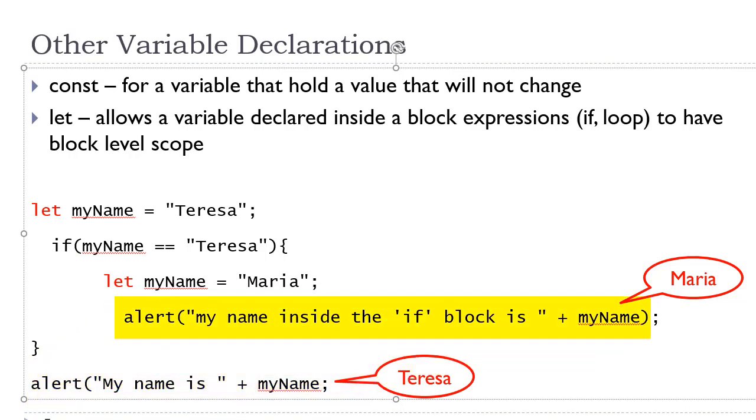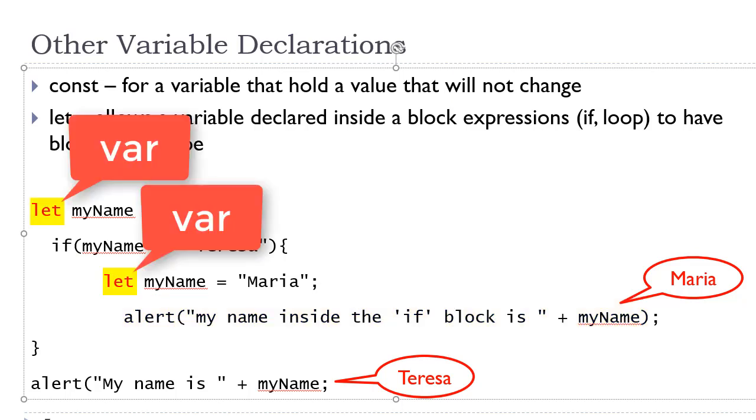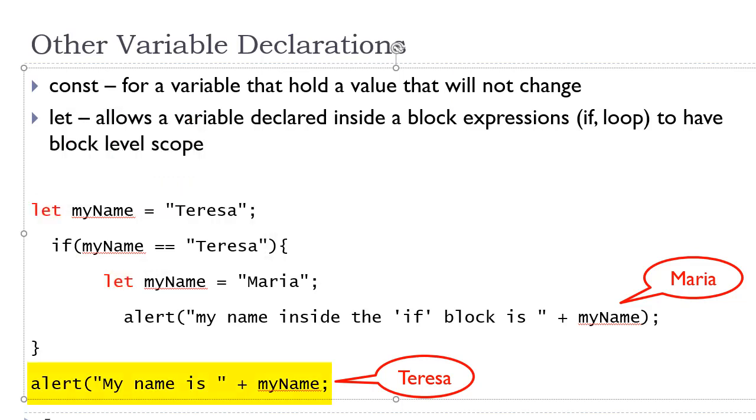Inside the block of code identified by the curly braces, the value of the variable will be Maria, because we are using let, which gives that variable block level scope, which is similar to local scope. If these lets were changed to vars, the alert declared outside the if statement block would be Maria and not Teresa, because the value would have been changed inside that if condition.